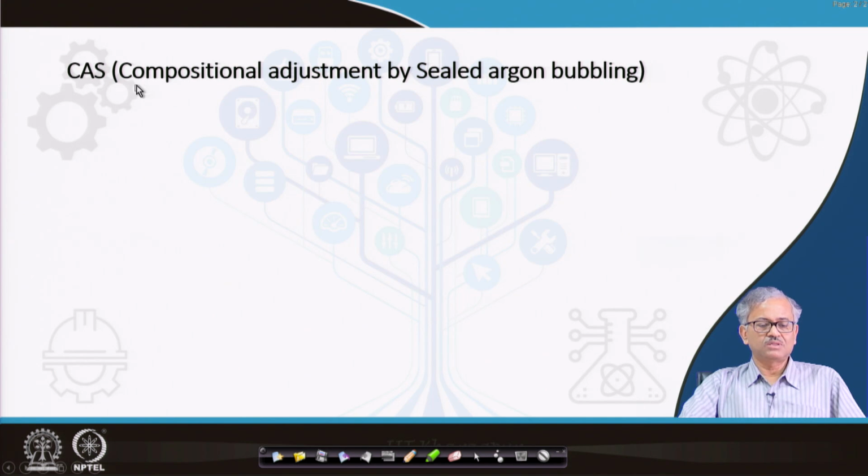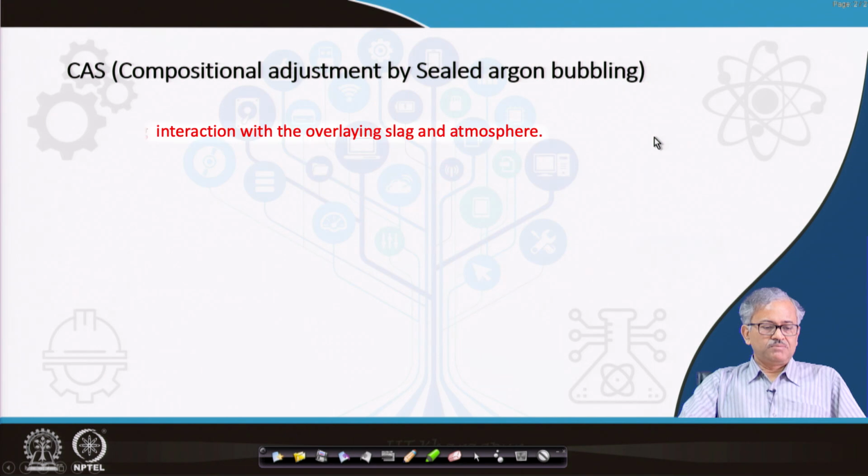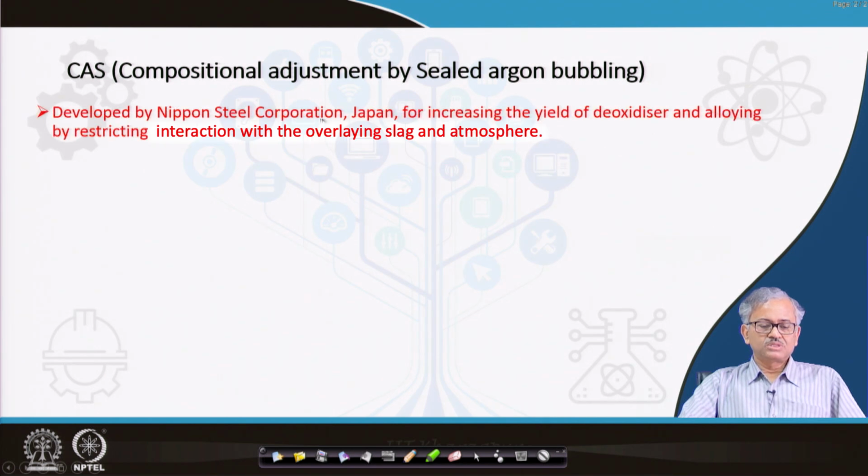CAS is basically called composition adjustment by sealed argon bubbling, and it was invented by Nippon Steel Corporation in Japan, for increasing the yield of deoxidizer and alloying by restricting interaction with the overlapping slag and the atmosphere.